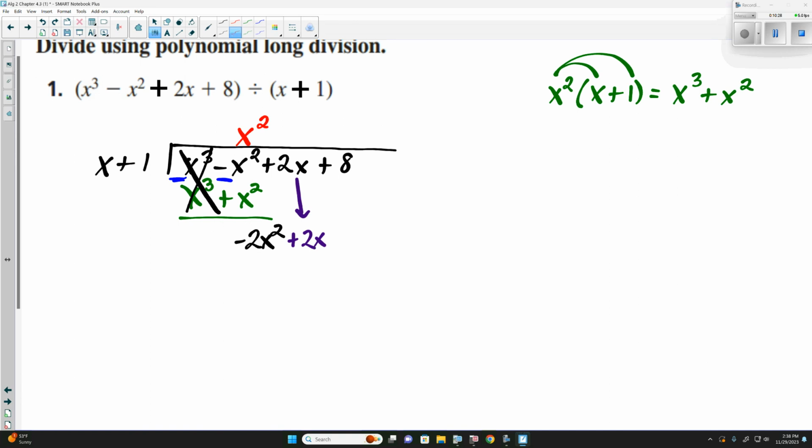So we need to see what times x will give us negative 2x squared. So we will need a negative 2, yes? Because the negative 2 will turn the 1 in front of the x into negative 2, yes? What do we need to multiply x by to get x squared?